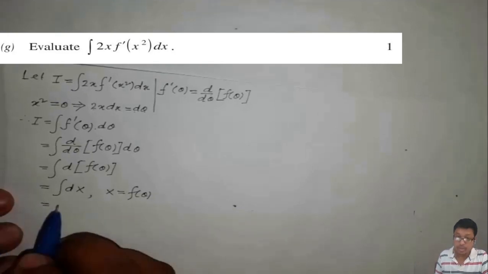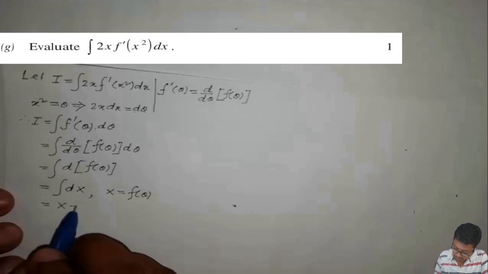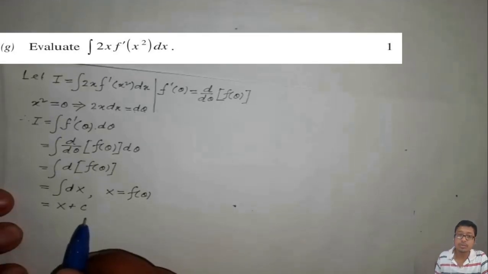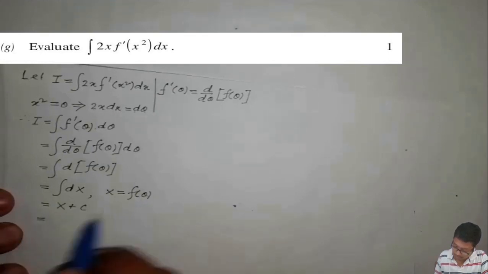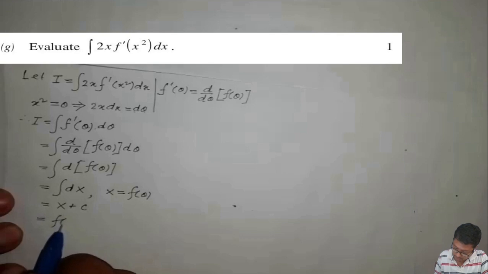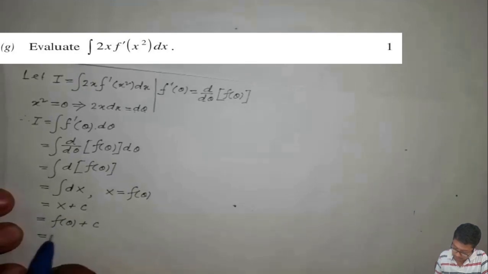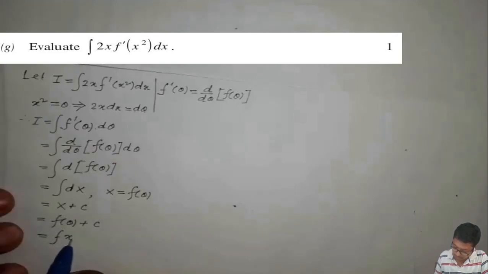So this is equal to x plus some constant, that is known as the constant of integration. So x is f theta. I will replace it back, so it becomes f of theta plus c. Again theta is x square. I will replace it back, so it becomes f of x square plus c, and that is our answer.